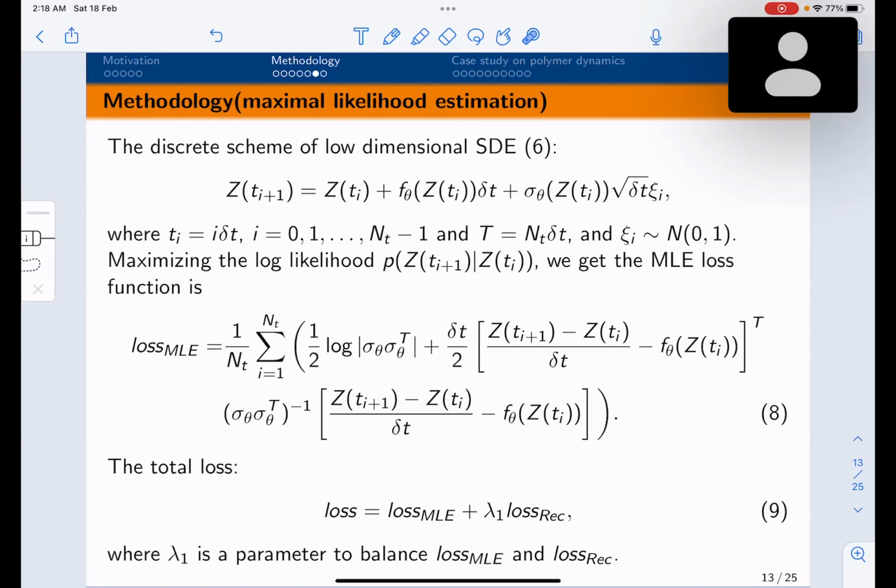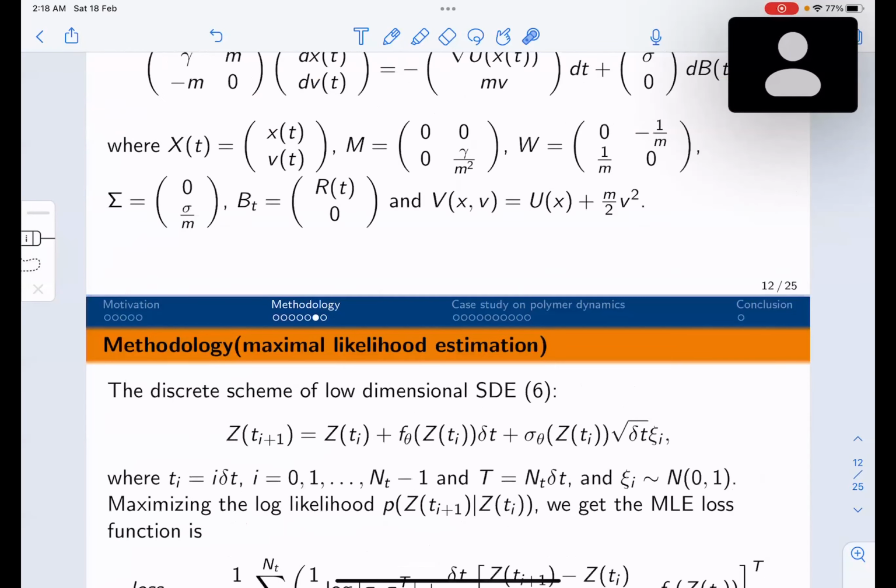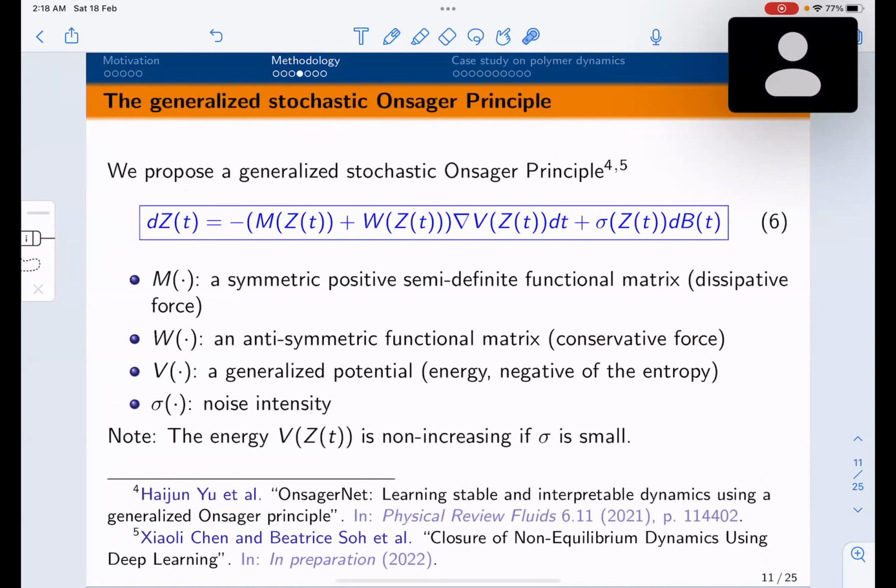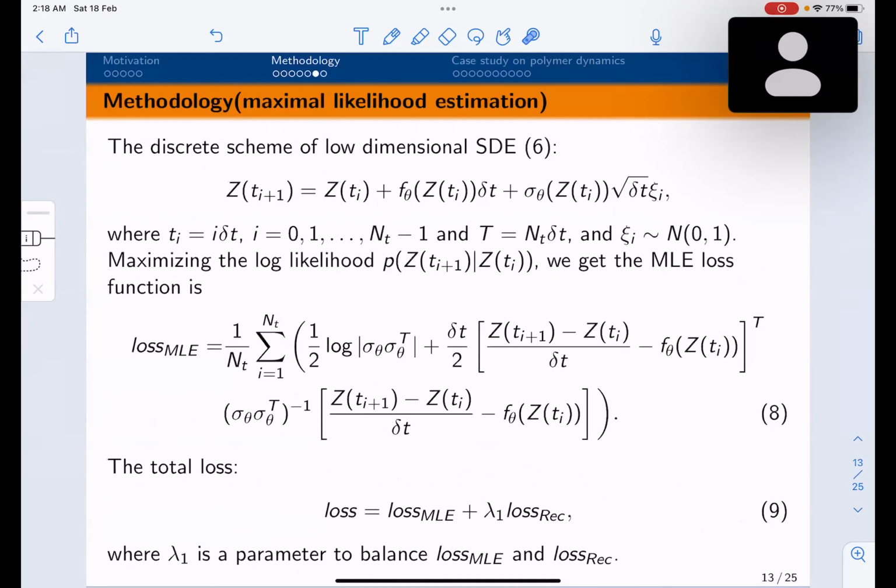We use the Euler-Maruyama scheme to describe the SDE, and then we use maximum likelihood estimation to learn F and sigma. It means we will construct a neural network for M, W, and also for V. But I didn't write the details here.